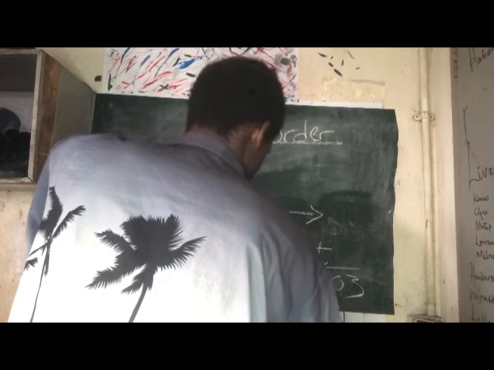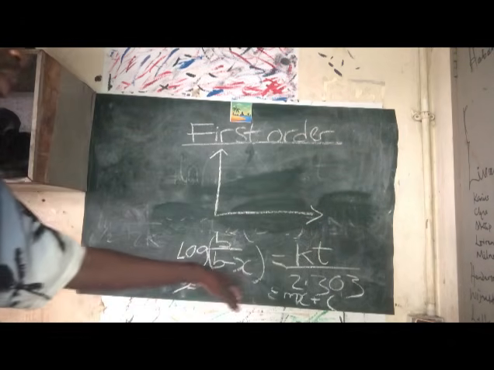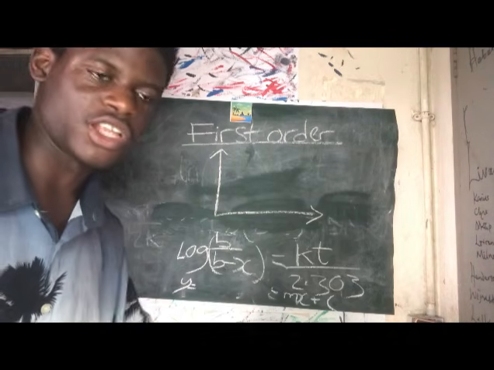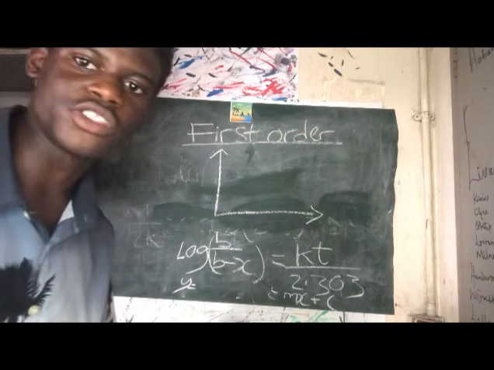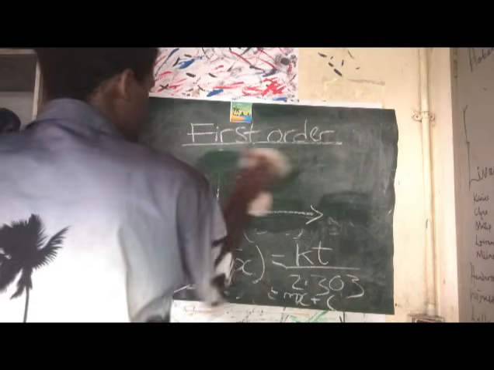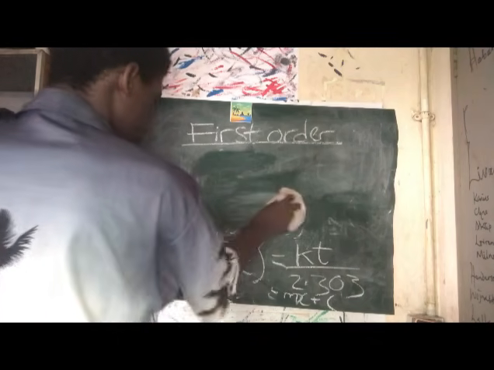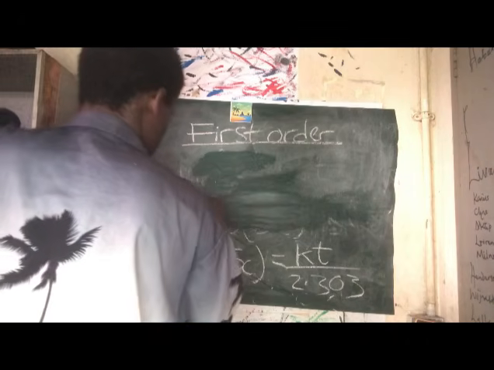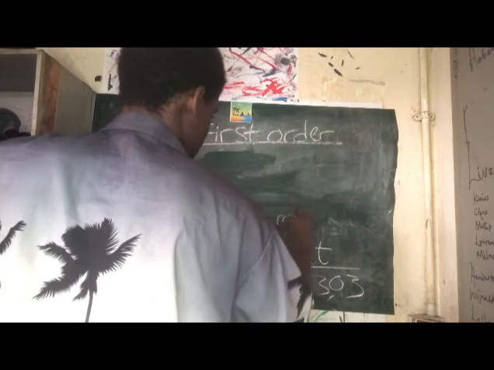We want this information here to resemble a straight line graph. And the equation of a straight line graph is y is equal to mx plus c. In fact, let me clean this graph. Let me do the graph here. So we want it to resemble y is equal to mx plus c.